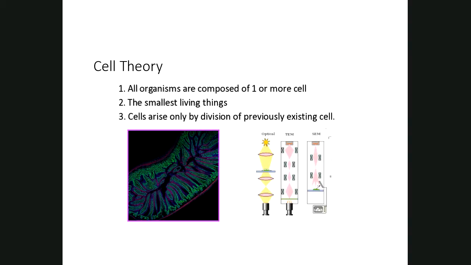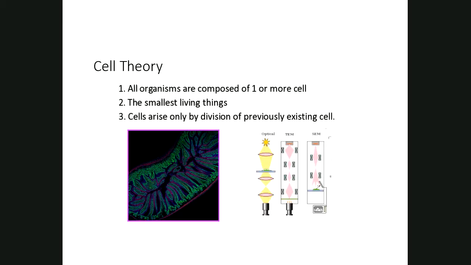There are 3 different parts to cell theory. 1, all organisms are composed of 1 or more cells. 2, a cell is the smallest living unit, it makes up the smallest living things. And 3, cells arise by the division of previously existing cells. There are only 3 components to cell theory, so make sure that you write them down or take a look at this slide and commit them to your mind.